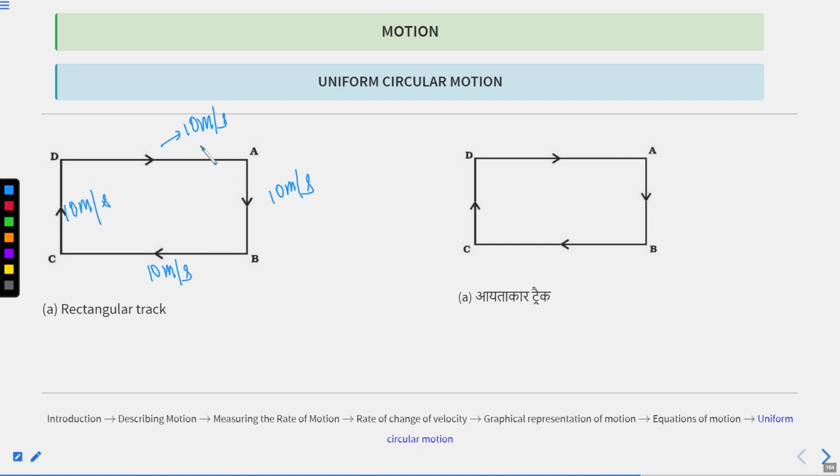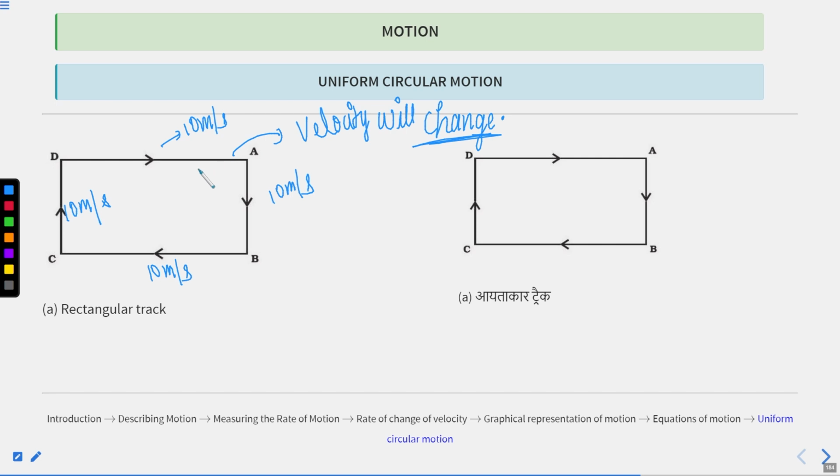And because direction is getting changed, velocity will change. Clear class? So this is an example where the object's speed does not change, but velocity changes because direction is changing.